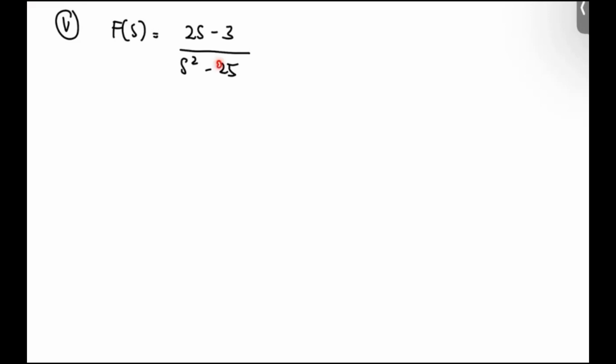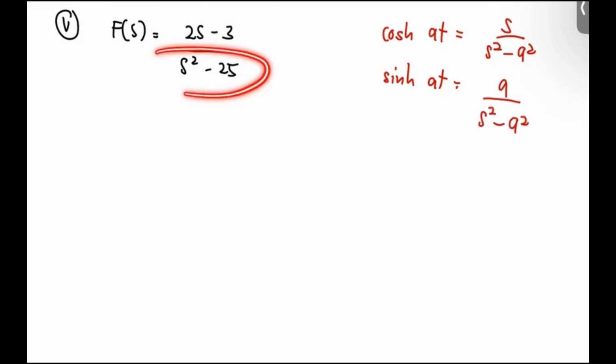If we have minus here, we could have either cos at, this one equal to s over s squared minus a squared, or sin at, this one should be a over s squared minus a squared. Observe the denominator first before you determine what table you need to use.